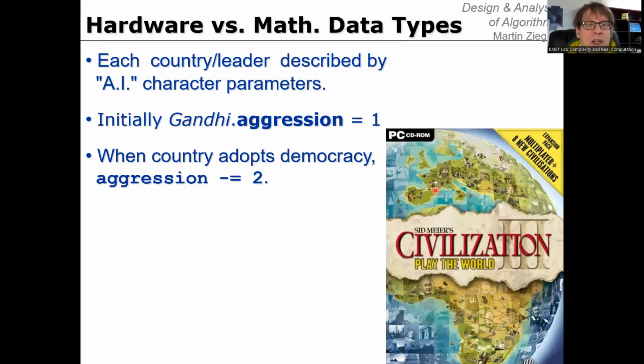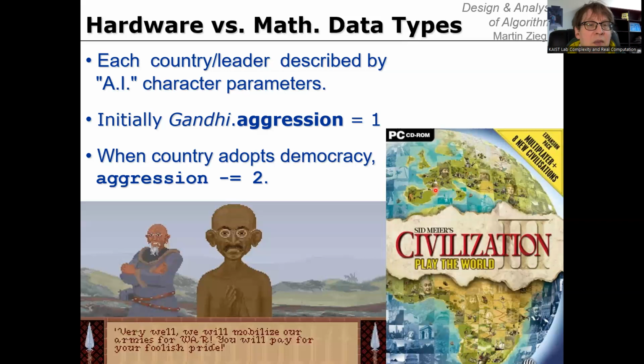That's mathematical integers. But the computer game Civilization was implemented using hardware integers, not mathematical integers. And in hardware integers, if you decrease 1 by 2, there's a wraparound. So if the hardware integer is a byte, then the wraparound value is 255.